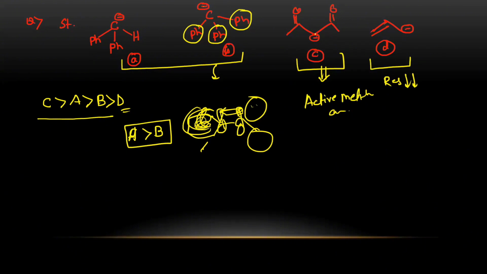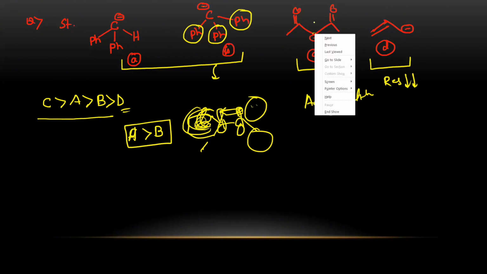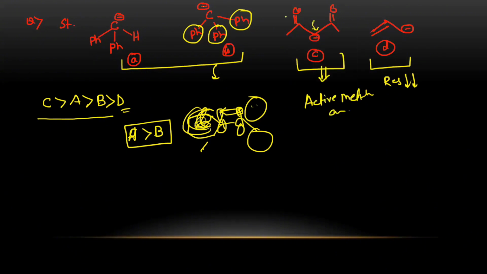Active methylene means this carbon is a methylene carbon, where in both directions there are two very strong electron withdrawing groups, and this system increases the acidity of this position very much. So these are very active toward base. That means this system is very acidic, and very acidic means the conjugate base is very stable. So C will be most stable, more stable than A and B. So the order is C, A, B, D.